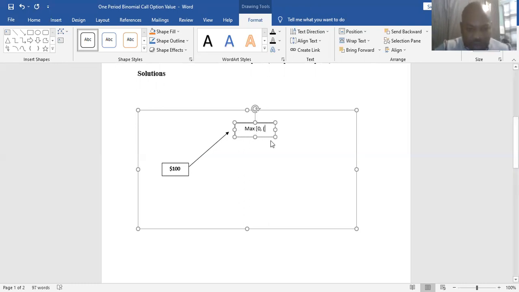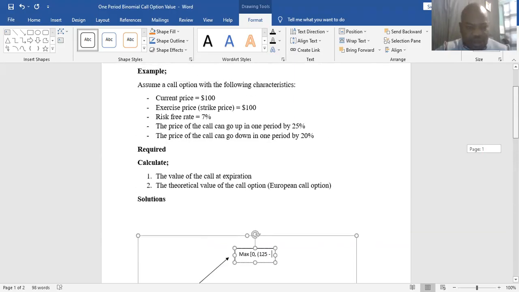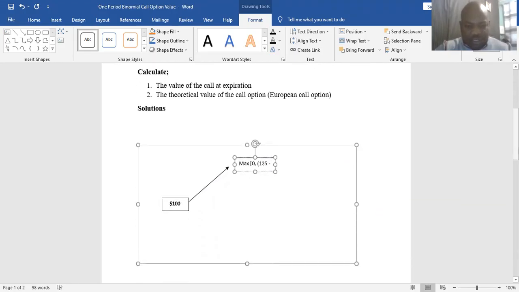The price going up by 25%. 100 going up by 25%. How much will it be? What is 25% of 100? 25% of 100 is $25 plus 100 itself. This will be 125. 125 minus the exercise price. You remember the exercise price is 100.